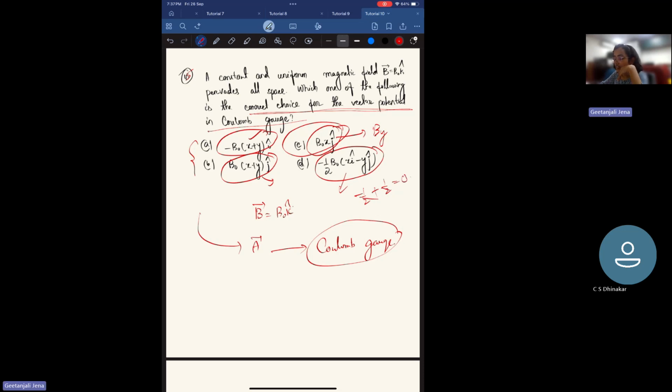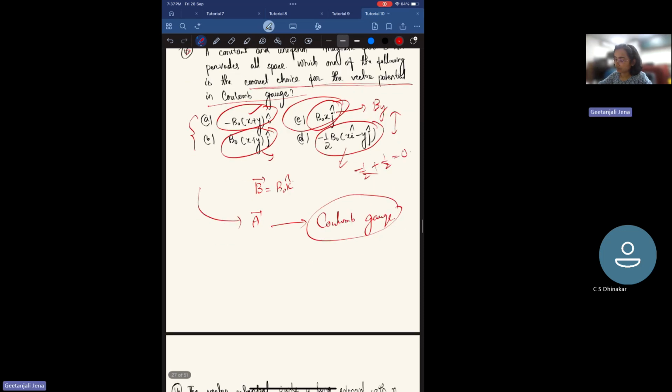Now the question is, in these two options, which one of the following will give a magnetic field of B0 k? Whether both the options are giving the B0 k or not. So let us see.